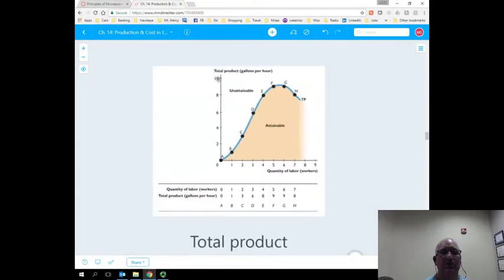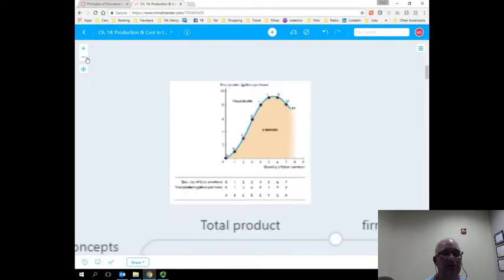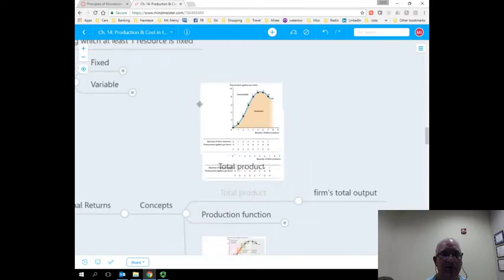This is total product on the vertical axis and labor on the horizontal. Given the number of workers, this shows how much can be generated of whatever you're making. Points underneath the curve are all attainable, but you're not efficient, obviously. And these other points you cannot attain given your current resources. So those are some of the basic concepts of total product.